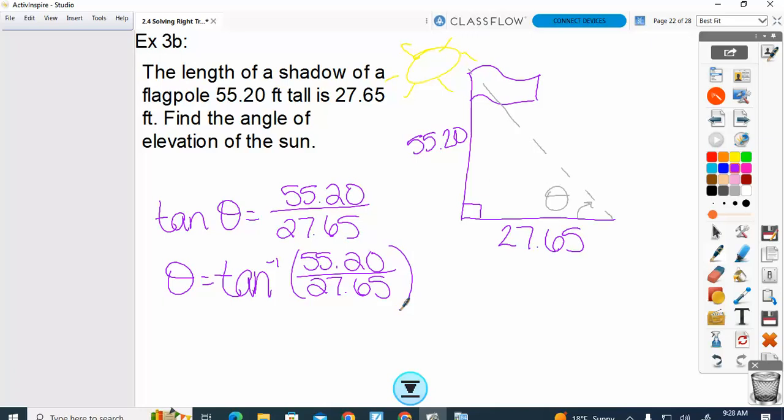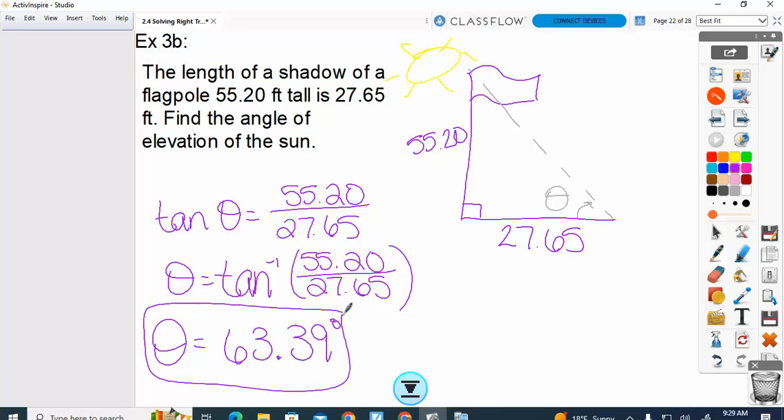How many significant digits? Okay, so that would be 63.39 since it's my angle that is in degrees. Questions so far?